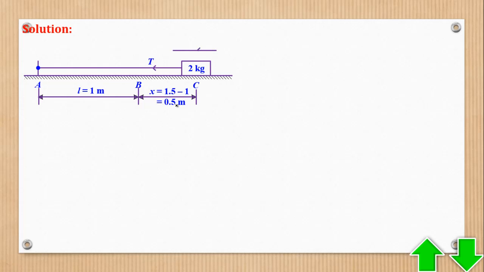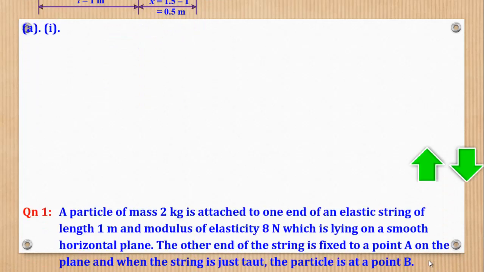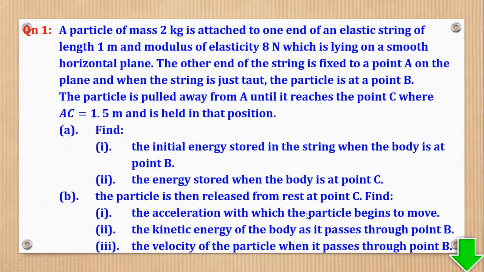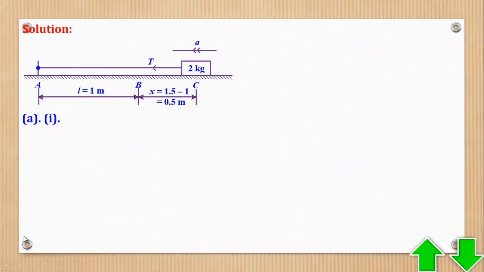At some point it was released. When it is released, it will move with an acceleration a. But for part A, it was not yet released. So they start answering the question. One, they ask for energy stored when it's at point B. Initial energy stored in the string when the body is at point B. Now there is something funny about this point B. Do you know something?